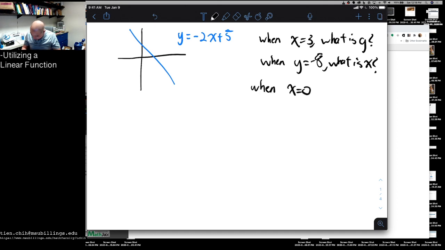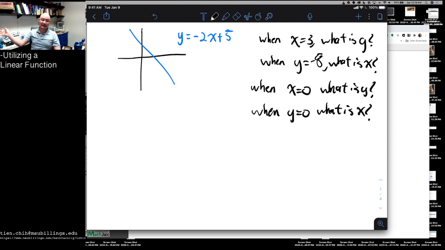When x is 0, what is y? And when y is 0, what is x? Right? Our goal is to be able to take x values and correspond to y values and vice versa.